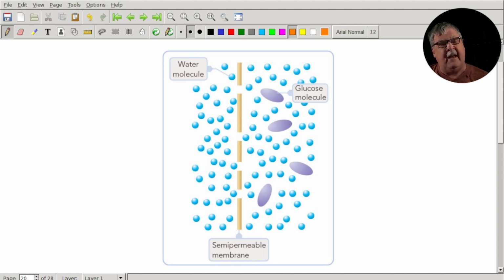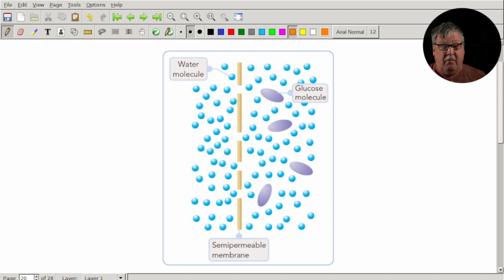Within the human body or within any organism, there are lots of examples of selective membranes. Cell membranes, for example, are selective. Skin is a selective membrane, and things like that. Essentially, certain substances can diffuse through these membranes and others can't.